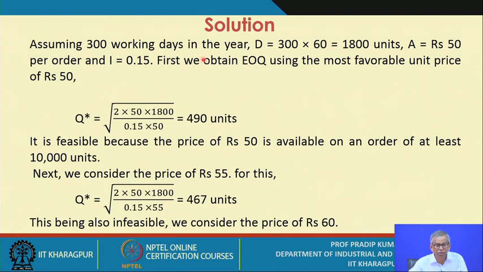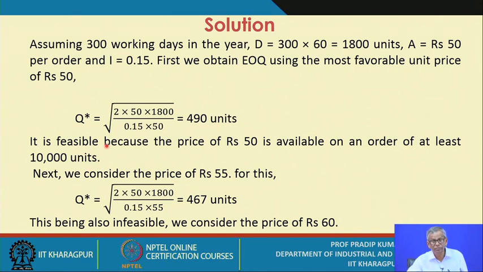Assuming 300 working days in the year, you have the annual demand D. The ordering cost A is also known, and small i is 0.15, 15%. First we obtain the EOQ using the most favorable unit price, that is the lowest price, 50. So Q star is 490.